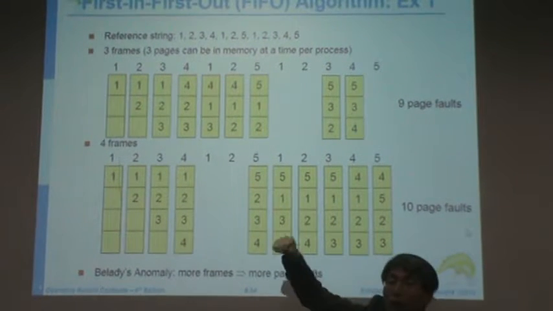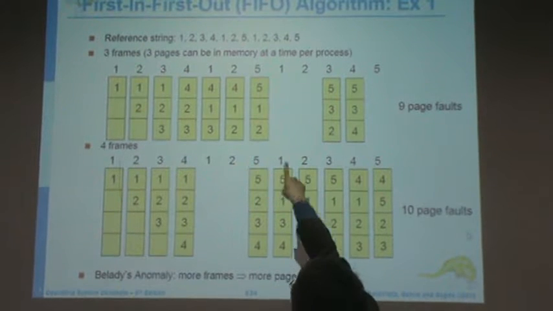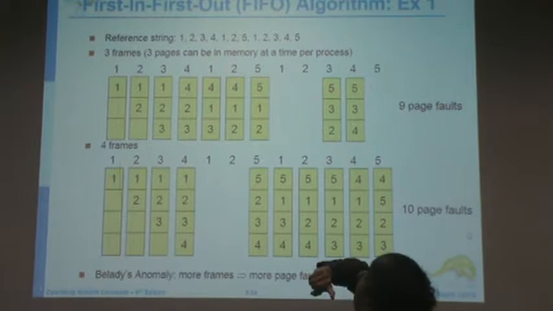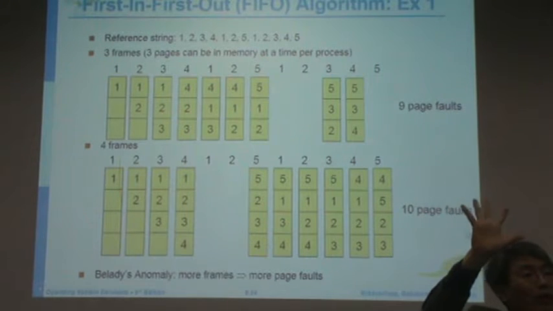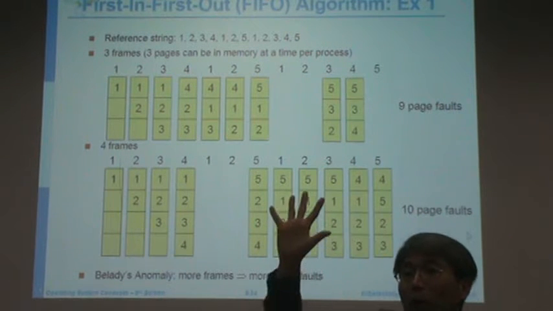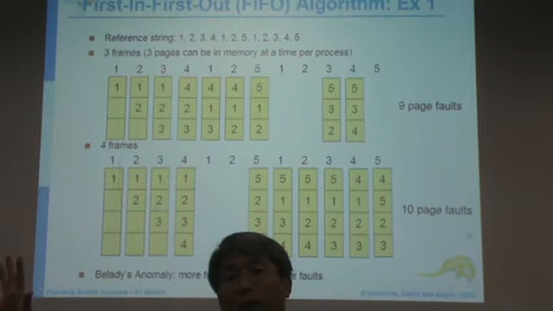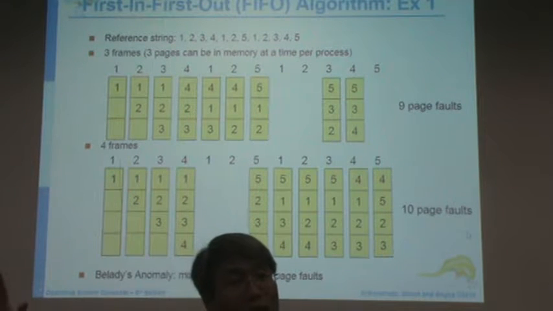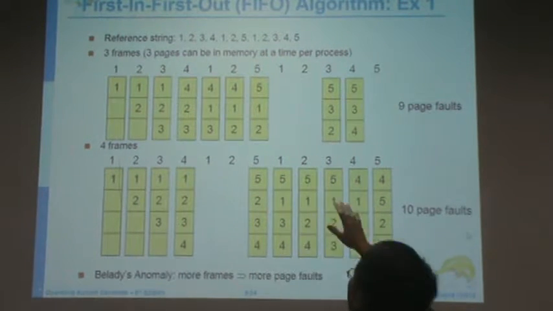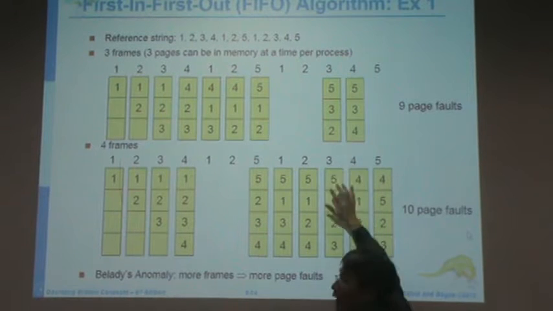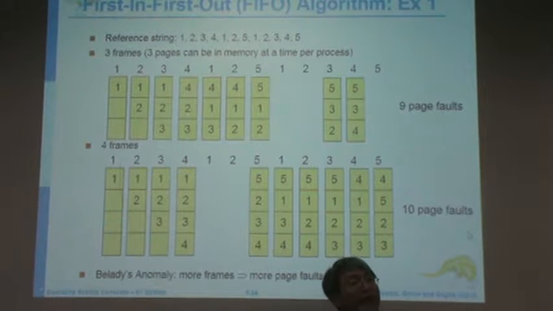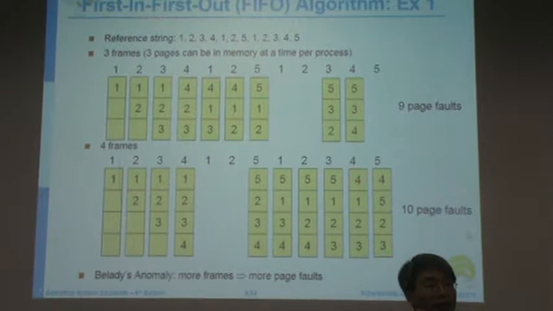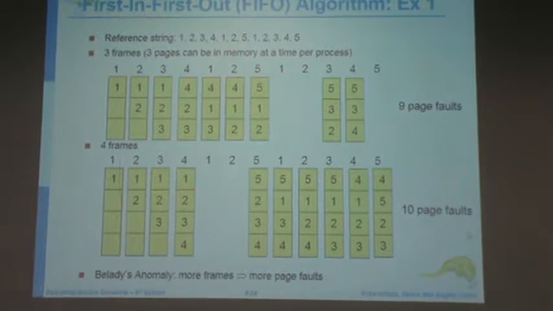Then in the reference string, probably the program has 5 pages in the logical memory. It's a program, it's a process. However, since we have limited page frames in physical memory, we need to page in and out. That is the idea of page replacement.